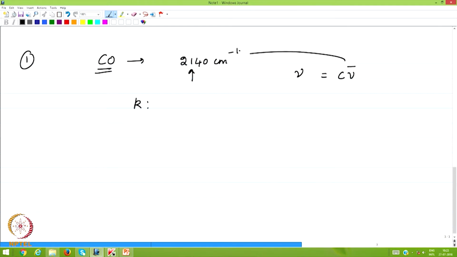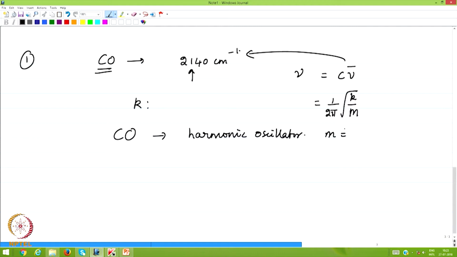The frequency nu is given by 1 by 2 pi into square root of k by mu, or m, the mass. Here in carbon monoxide, as a vibrating molecule, the harmonic oscillator, we cannot use the total mass, but we have to use the reduced mass.